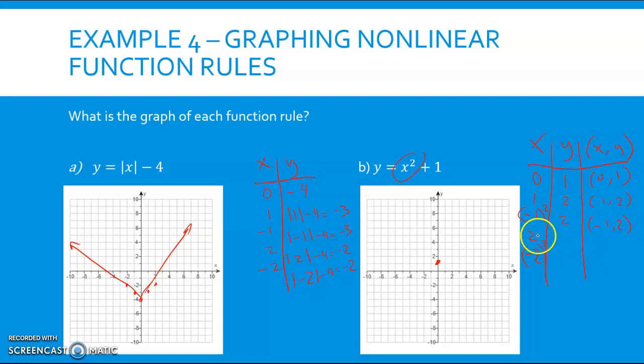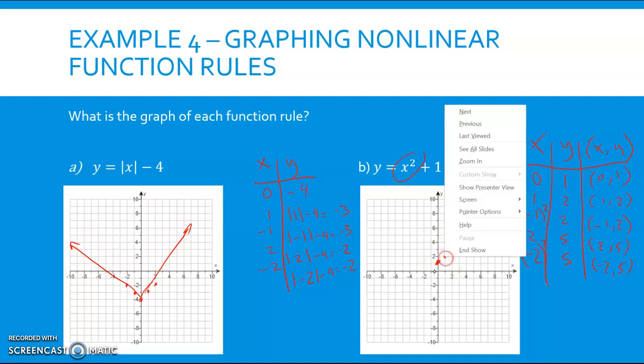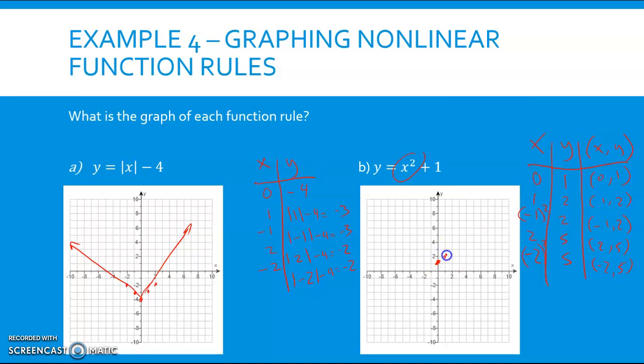2 squared, 2 times 2 is 4, plus 1 is 5. So I'm going to have the ordered pair 2, 5. And then let's realize that negative 2 squared is also positive 4 plus 1 is positive 5. So the difference between the square function and this absolute value function is we're going to start getting, I've got 1, 2. I'll do some that aren't necessarily on the table here.